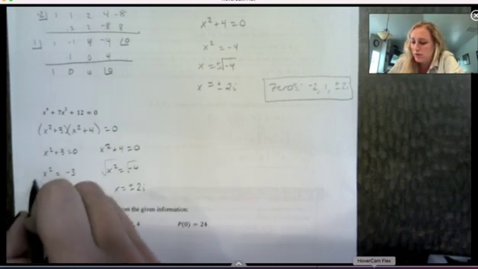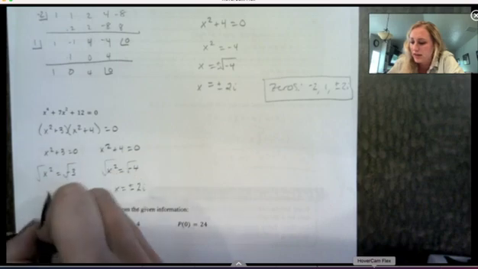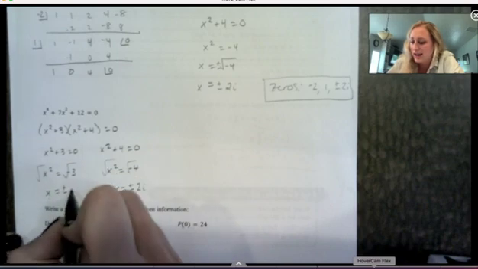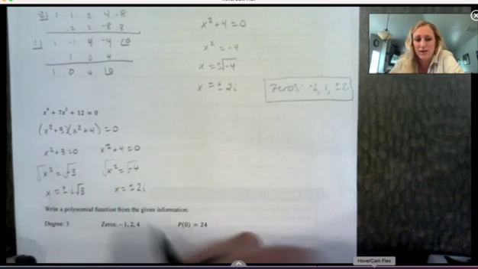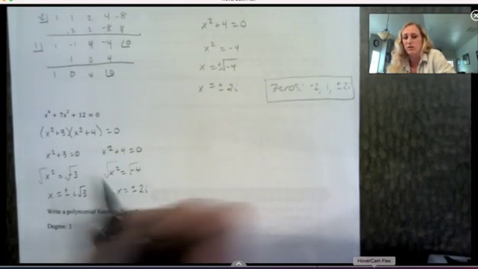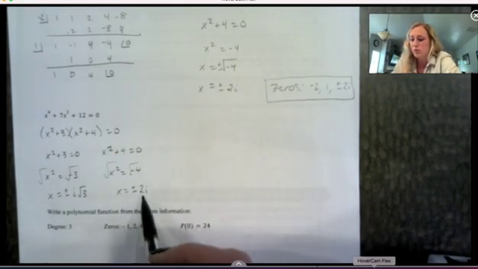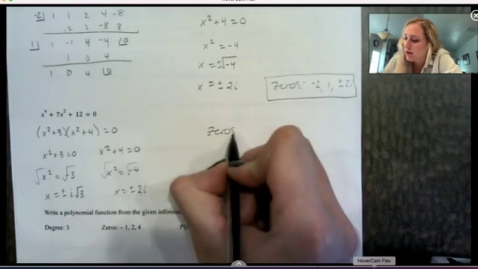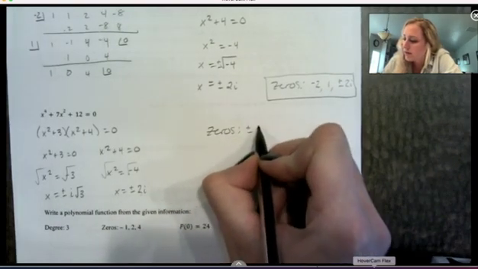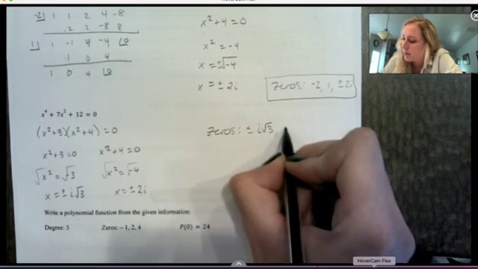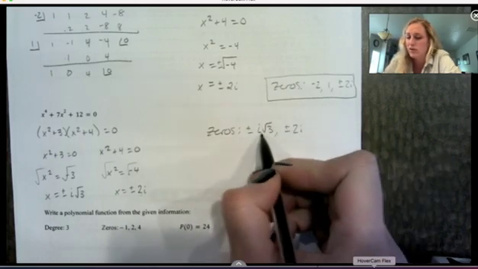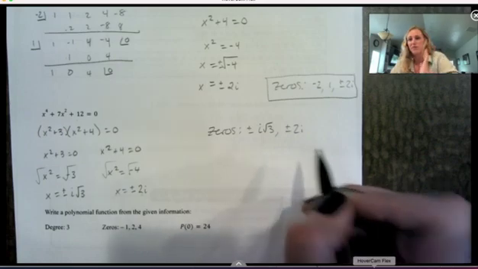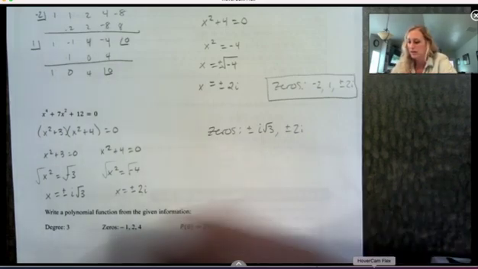Here, when I take the square root of negative 3, I get i and then root 3, right? 3 isn't something nice that I can take the square root of, so there's my 4 roots. 1, 2 here, 3, 4 here. So zeros are plus or minus i root 3 and plus or minus 2i. Again, I'm seeing those conjugate pairs. Anytime I have imaginary, I have the plus and minus there.